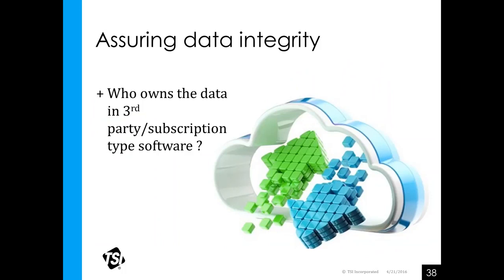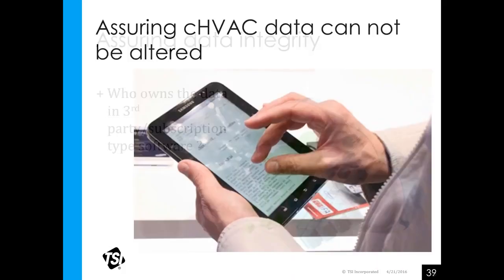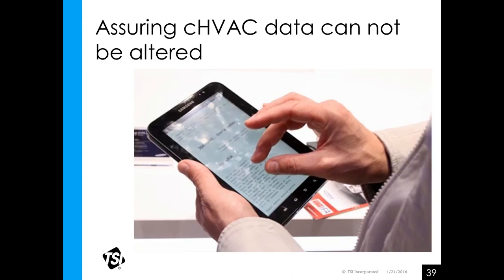And I think just as importantly, making sure it can't be altered. Today we're all enamored with the digital side of our business, with the digital side of instrumentation. It's so easy to go in and adjust and correct and modify. In critical HVAC, that's just not tolerated, or shouldn't be tolerated, especially for an application like this.